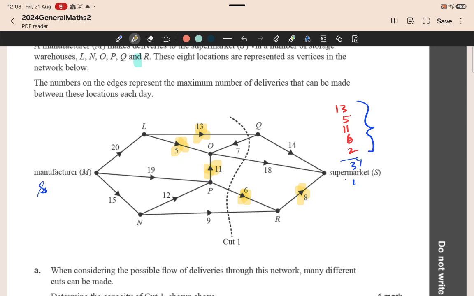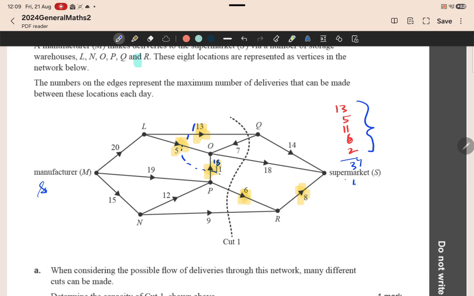And if you tried, for example, if you were to draw a minimum cut showing the maximum capacity, you could try 13, which is one edge that we got, okay, and that one, and so that's 18. 18 plus 11 is 29.